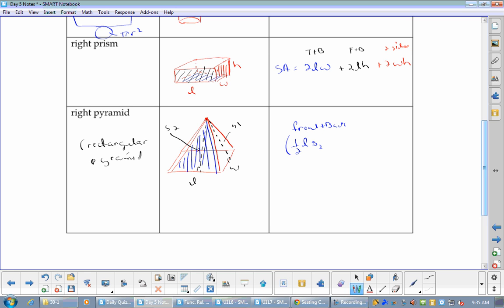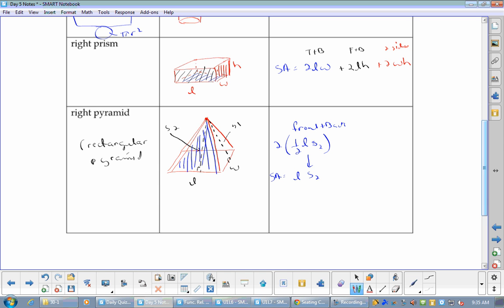I would multiply this by 2, correct? What's 2 times 1/2? 1. So to do the front and the back, surface area equals, this would just be L times S2, because it's 2 times 1/2 L times S2.